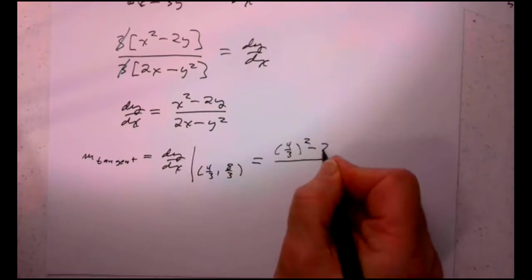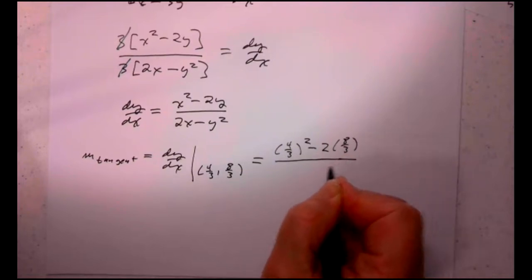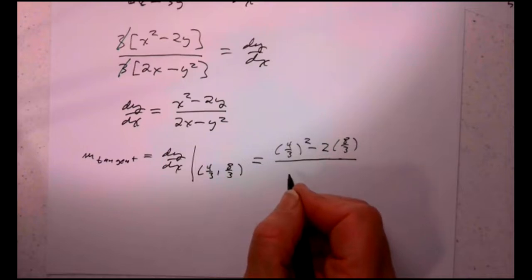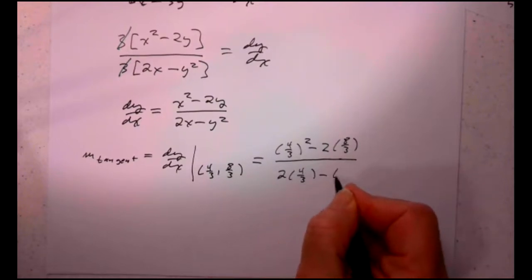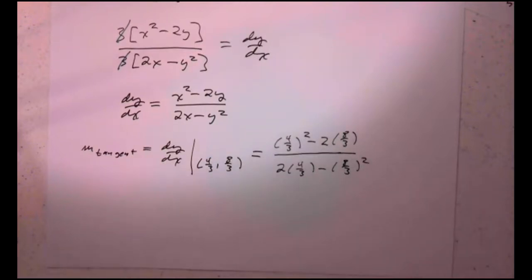4/3 squared minus 2 times 8/3. Downstairs I have 2 times x. So what is that? 2 times 4/3 minus 8/3 squared. But I'm going to use a calculator to help me with this, just to make my life a little simpler. So we pull up the calculator.